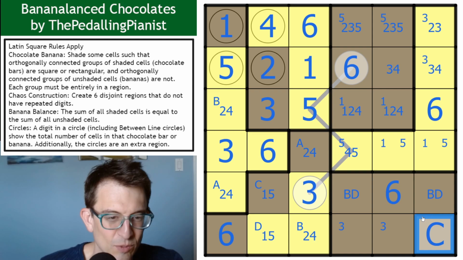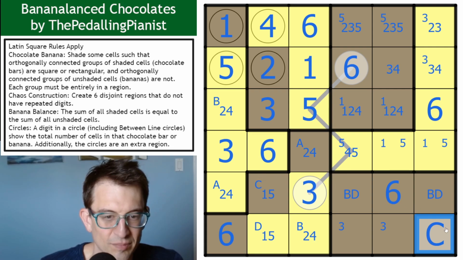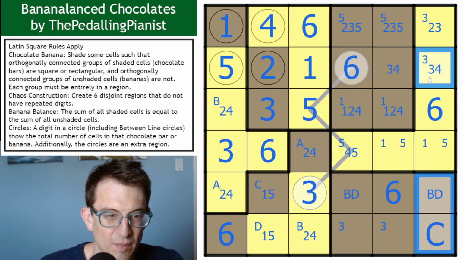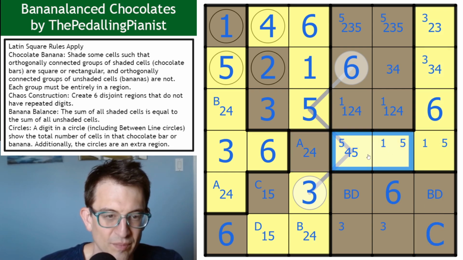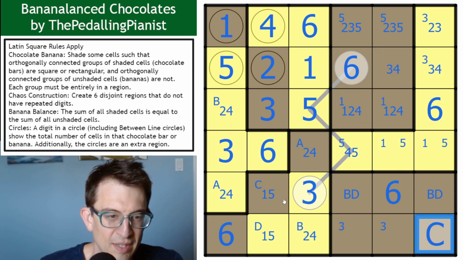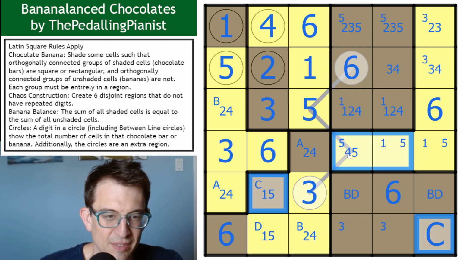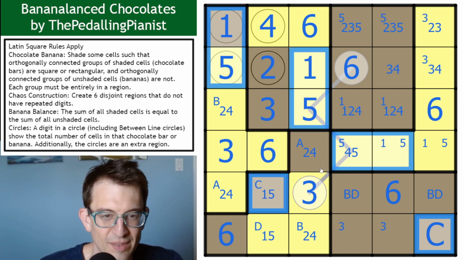Which means what? C is 1 or 5. C, C, C, C, C. Any of these.